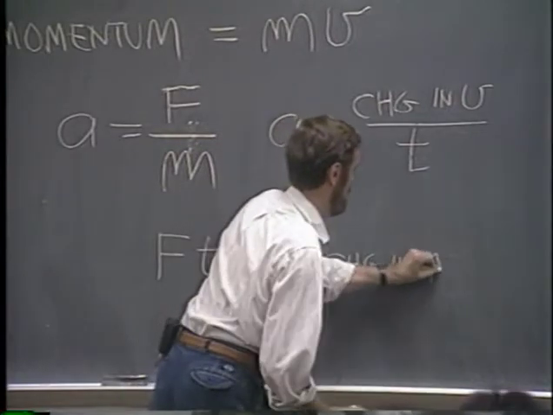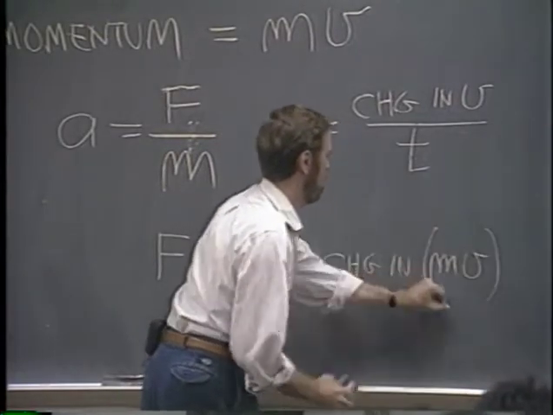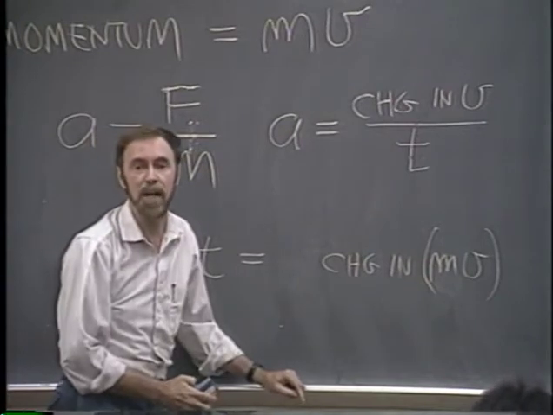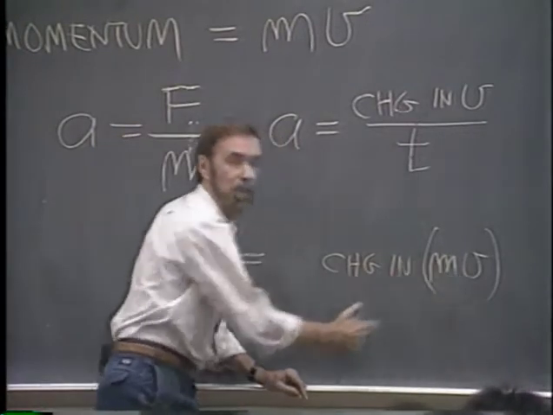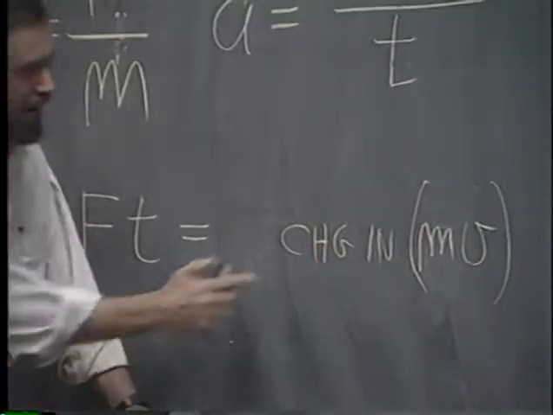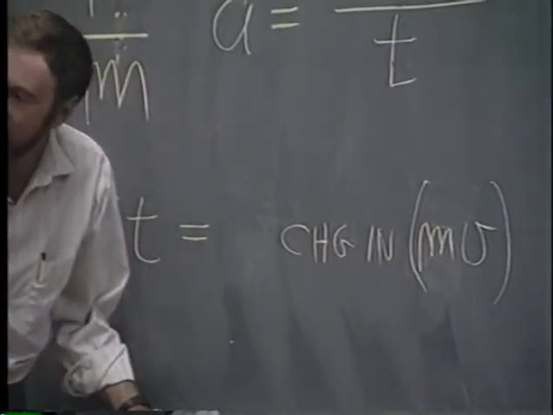What do I call this quantity here? Check the neighbor. See if the neighbor knows what the quantity mass times speed equals. It begins with an M. How many are sitting next to someone who has no idea? Okay, change seats. See where I have this change in, gang? I'm getting tired of writing change in.